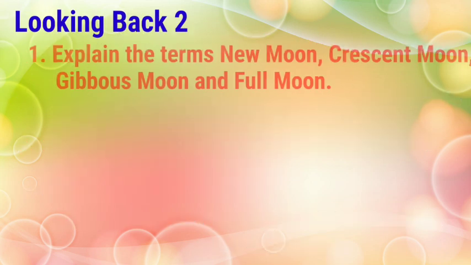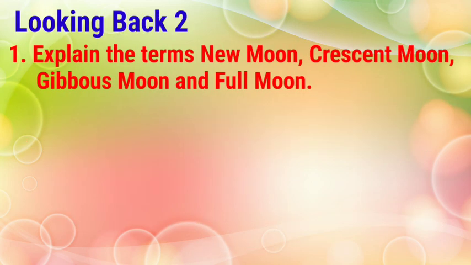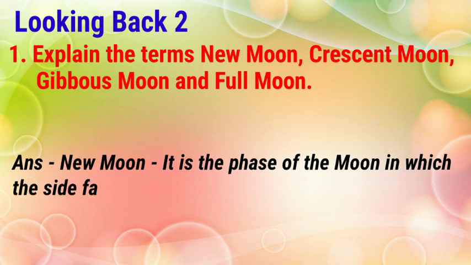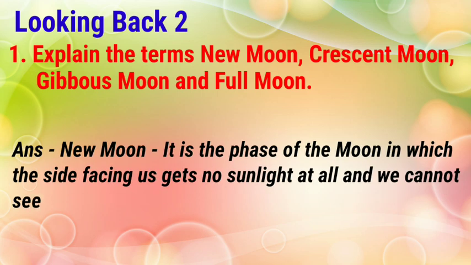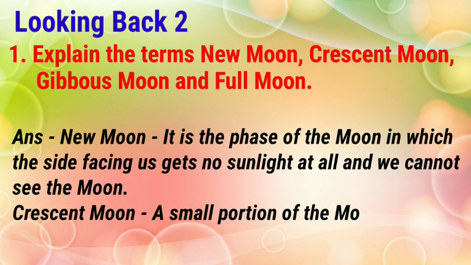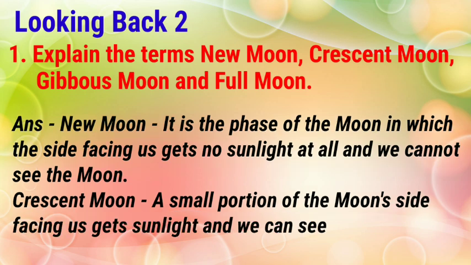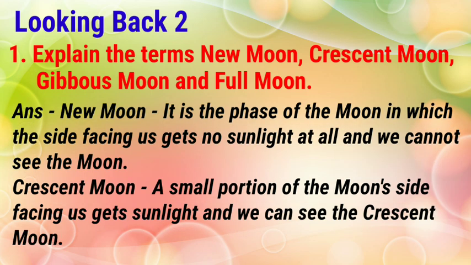Looking back 2. 1. Explain the terms new moon, crescent moon, gibbous moon and full moon. Answer. New moon. It is the phase of the moon in which the side facing us gets no sunlight at all and we cannot see the moon. Crescent moon.